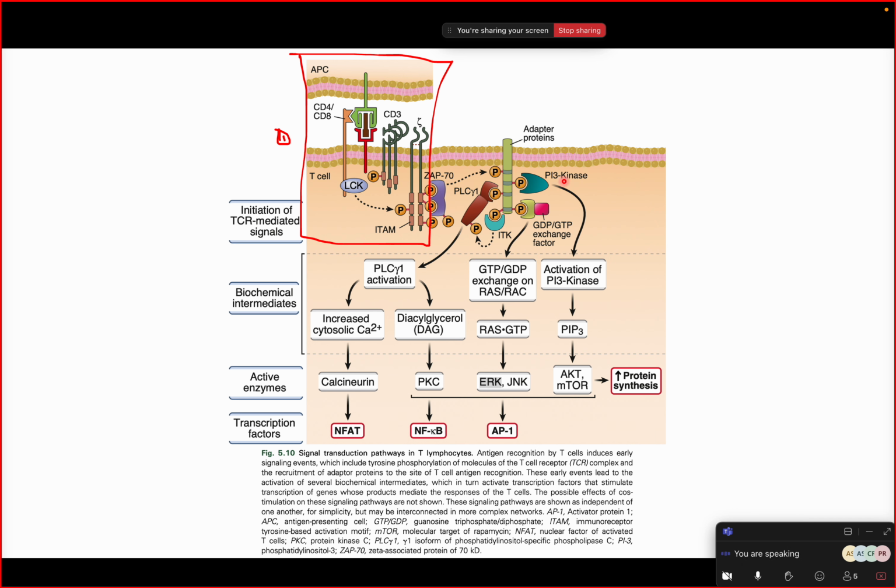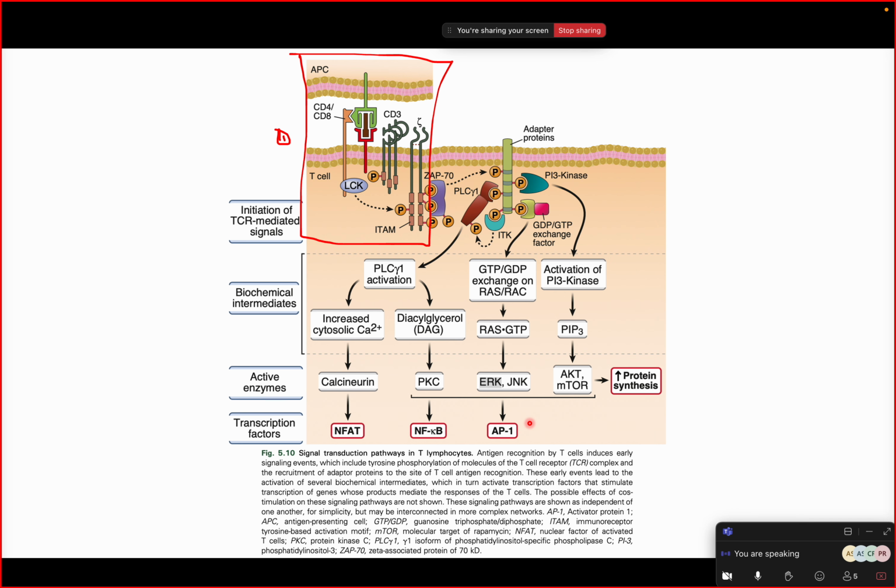Similarly, more such proteins will identify the phosphorylated adapter protein. So GTP GDP exchange of the RAS RAC pathway: RAS GTP will activate the ERK MEK pathway. Activation of PI3 kinase will lead to the activation of the AKT or mTOR pathway. All of these enzymes mentioned here will ultimately lead to a change in the transcription factor profile, and once the transcription factor profile of a cell is changed, its transcription profile will change.